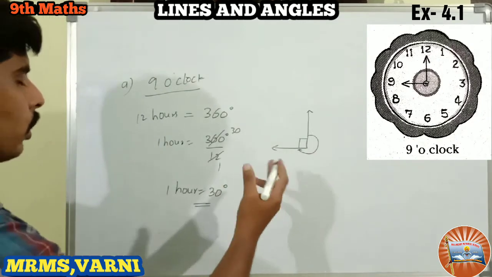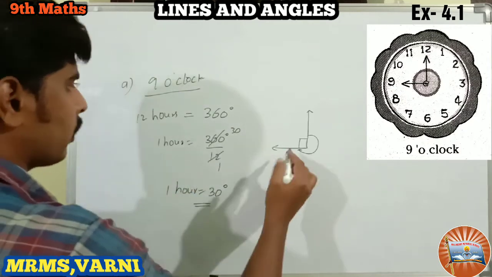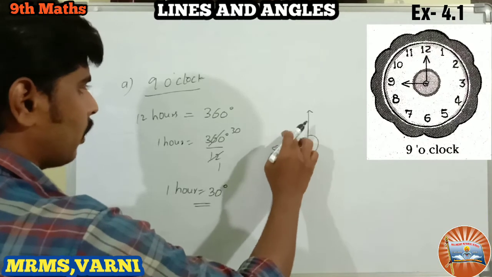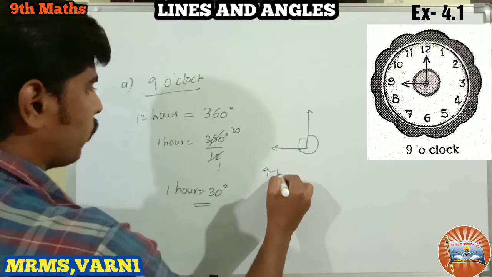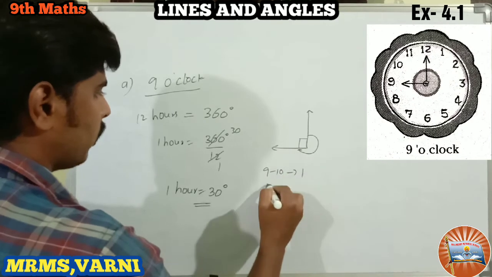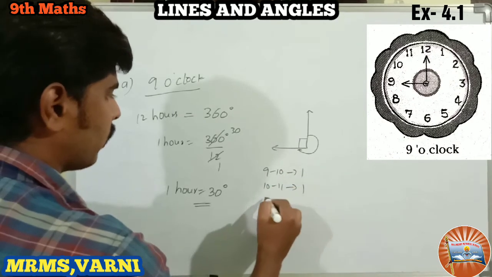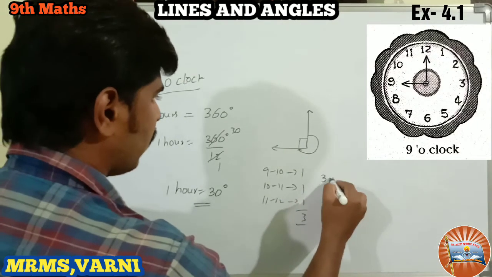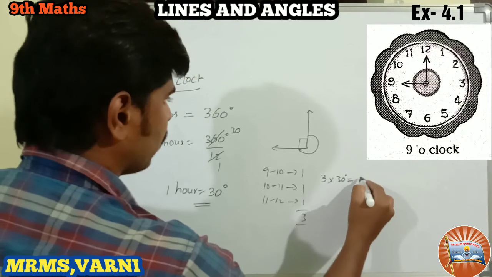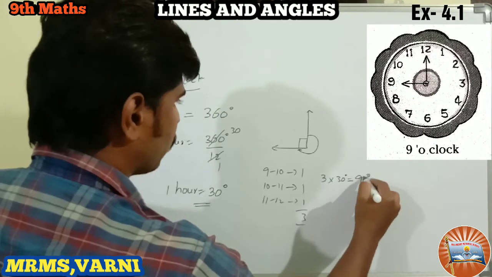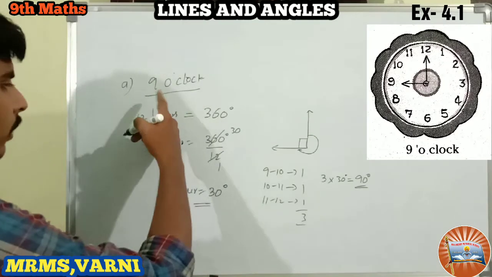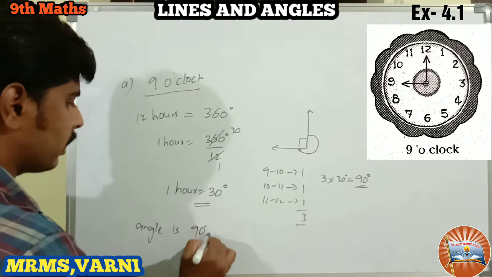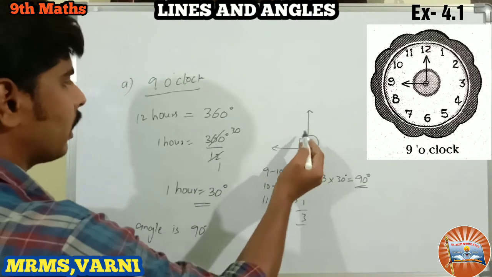We can solve in both cases. In this inside case, 9 to 10 is 1 hour, 10 to 11 is 1 hour, 11 to 12 is 1 hour, total 3 hours. So 3 into 30 degrees equals 90 degrees. So at 9 o'clock, the angle is 90 degrees in this direction.